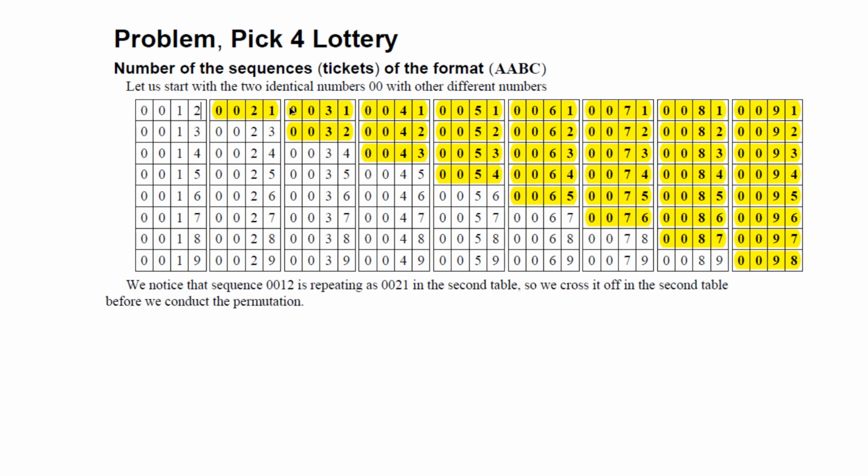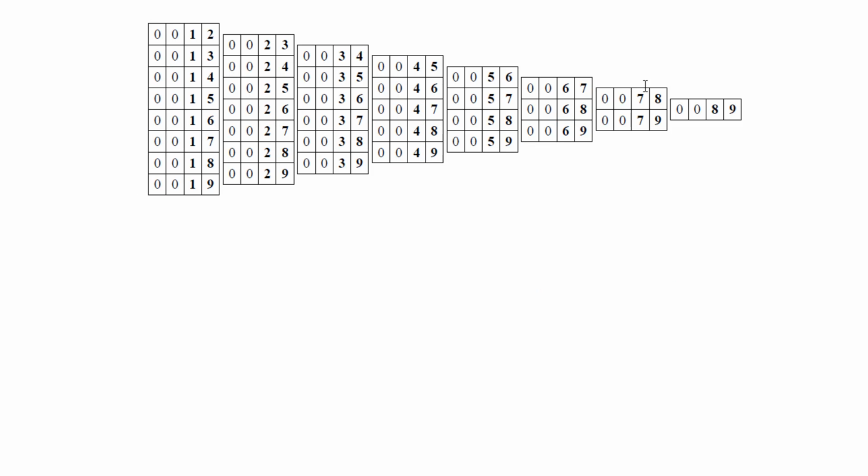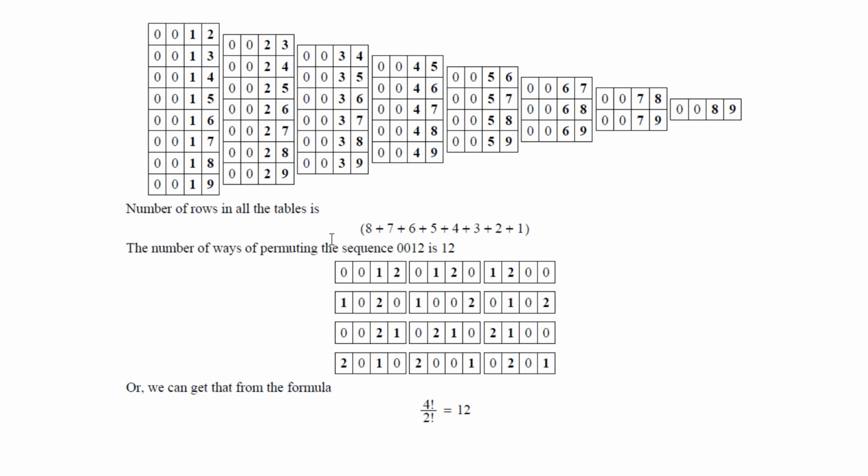So for this reason we have to cross off all these highlighted tickets before we permute them, and we end up with these tickets. They are ready for permutation, and their number is: the first table has 8 tickets, and the second table has 7, the third has 6. We add them together and we get the total number of tickets for the case of 0, 0.